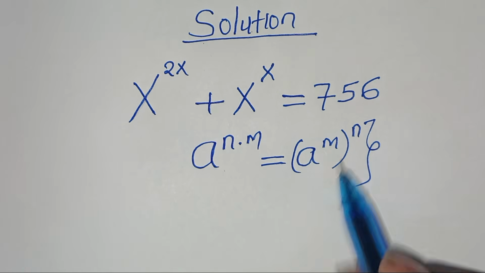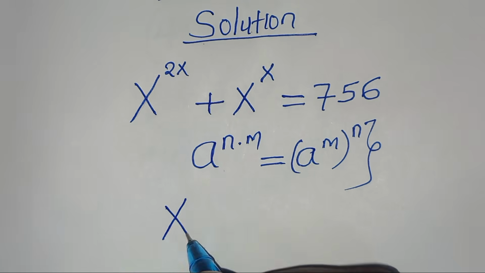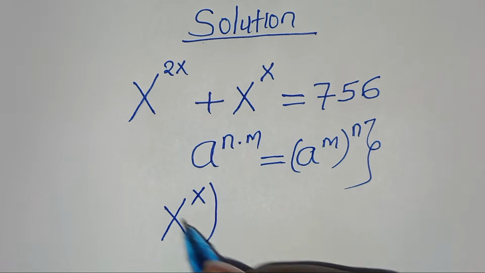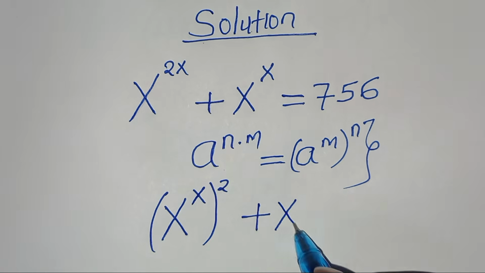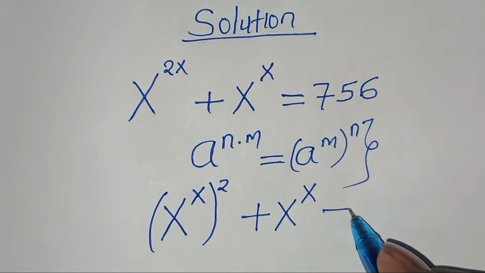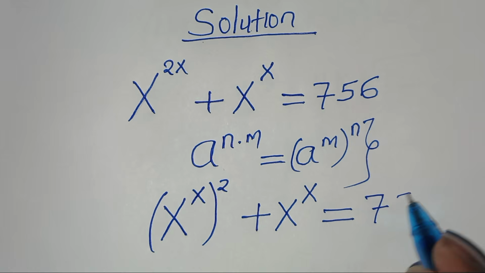Applying this exponent property, we have x to the power of x, then raised to the power of 2, plus x to the power of x, equal to 756.